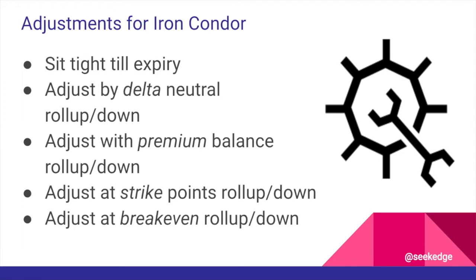Now if you are adjusting, there are different ways of adjusting, right? You can look at the delta value. Delta is the Greek which indicates how much price movement can happen: for every spot price movement, how much price movement in the option can happen. That comes as a decimal value, and you can see it in any of the tools. So you take the position when the delta is at 0, and if it moves further towards 0.25 or 0.3, either side, minus 0.25 or 0.3 or plus, then immediately you do the adjustments.